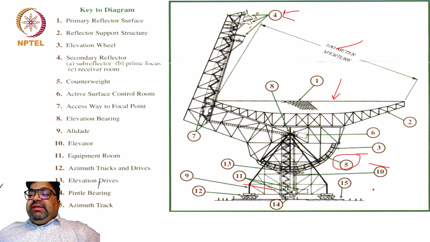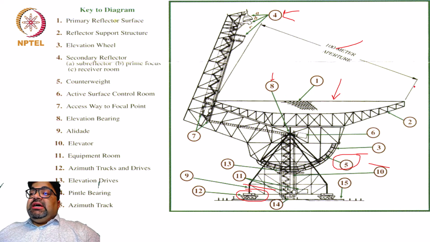Then the elevation bearing, number 8, is what points from here. The azimuth track is number 12, which we discussed before already. This is from the NRO single dish school lecture notes which we have received. So that completes the schematic of this particular dish.